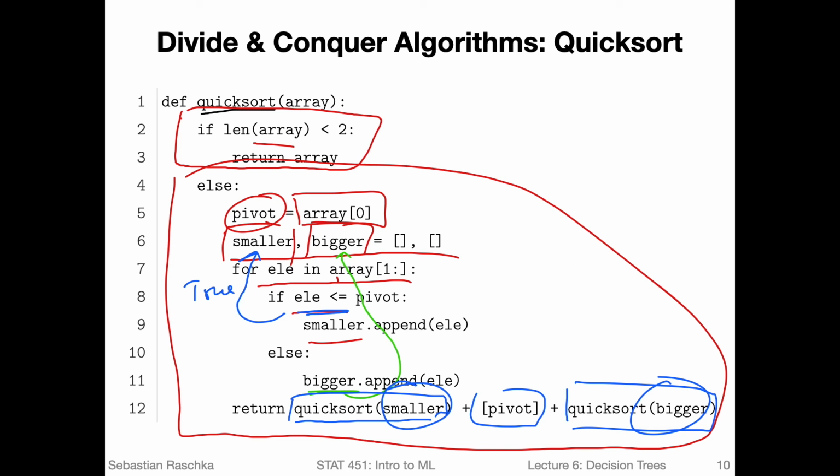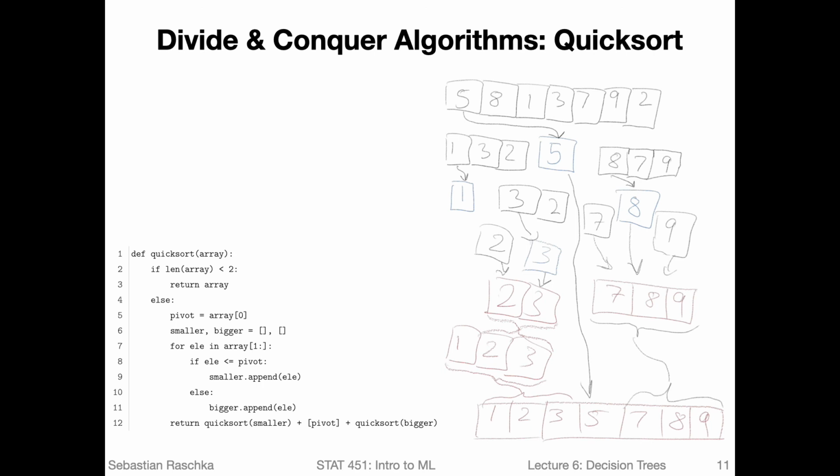I know this concept is a little bit abstract if we just look at the code. So let's take a look at this with a concrete example that I sketched out here on the right hand side. Let's consider we have this array here and we want to sort it from small to large. When we call the quicksort function, the first thing is we are checking the if condition, and the if condition says if the array is smaller than 2.